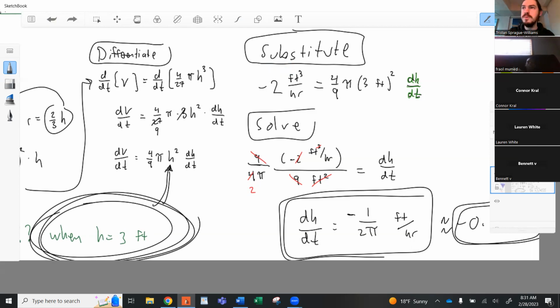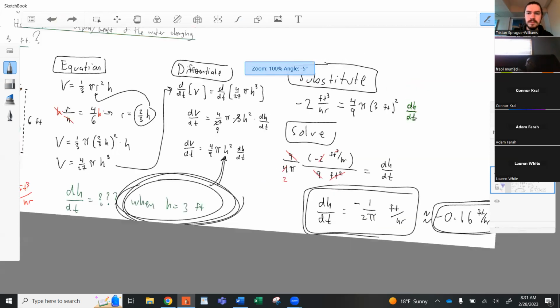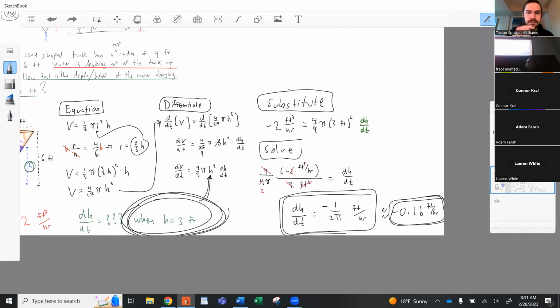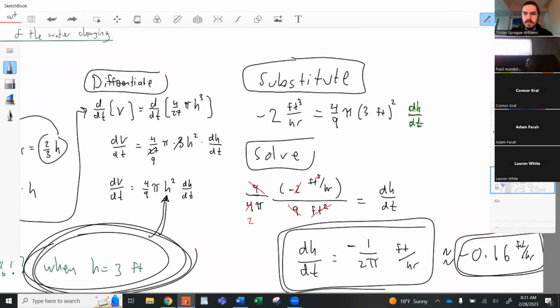So Adam, you had a question too? I have a question. How'd you solve it though? I don't understand the numbers that you use to solve that substitution equation. Just dividing by everything we know here. For example, here we have 4/9, so I multiplied both sides by 9/4 to cancel out.